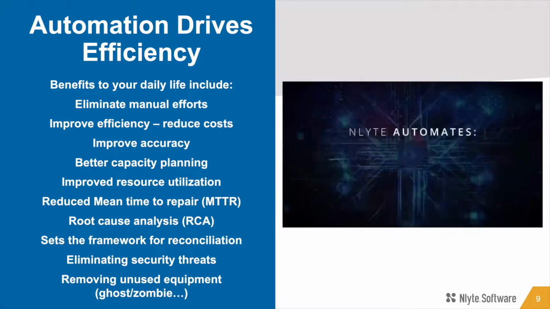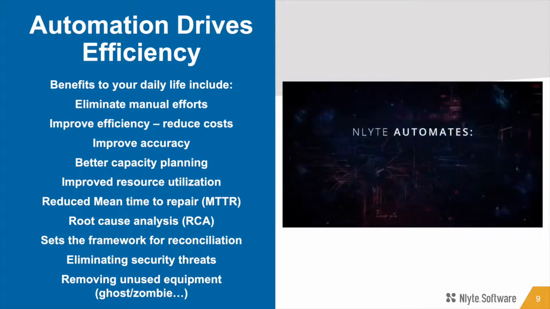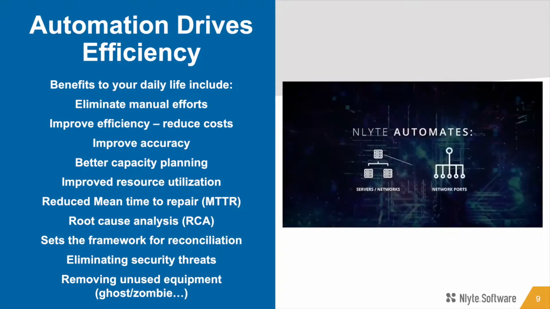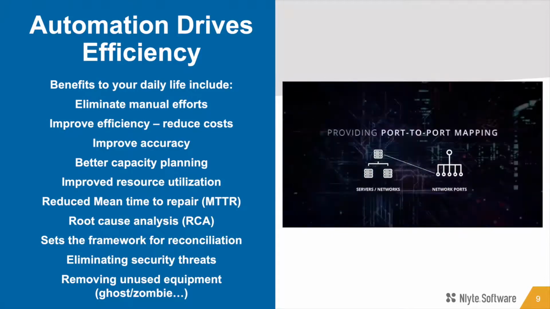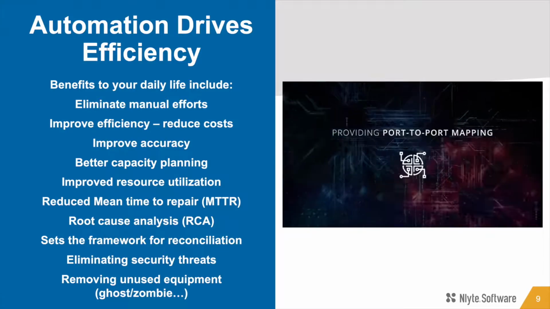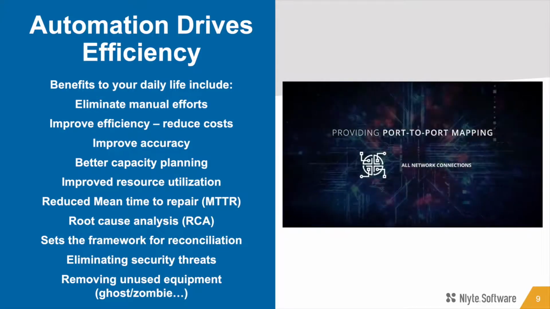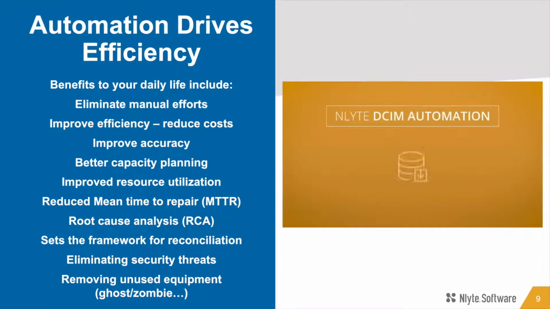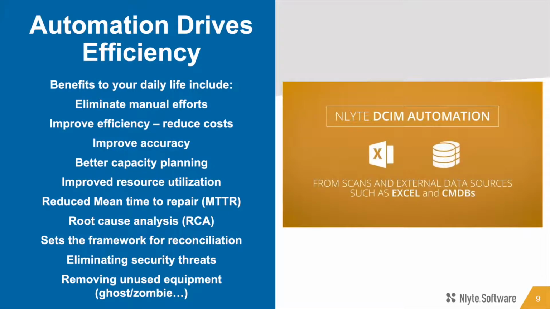You're improving the accuracy of the data, as I mentioned before, that's not only in your DCIM, but in any system that's dependent on it, whether it's financial, ITSM, or CMDB, that is dependent on that information being accurate, thus making anyone working on those systems able to perform their jobs more efficiently also. You have better capacity planning because the information in your system is accurate.